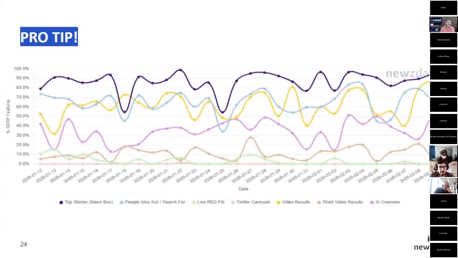This is, for example, we started tracking the World Cup since early January, and you can see every SERP feature. There's not much live yet because it didn't start, but you can see here, for example, AI overviews. Almost anywhere from 20 to 40% of all trending news queries will show AI overviews. I wonder what will happen during the event itself.